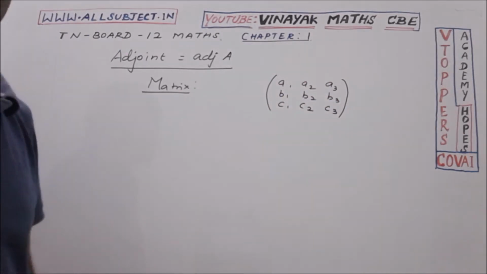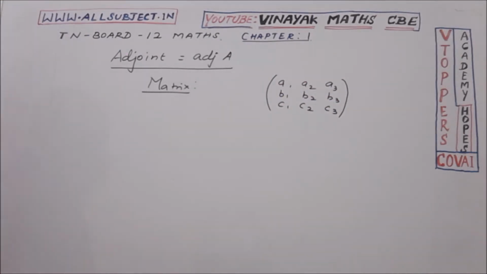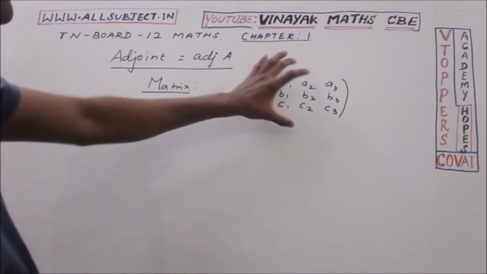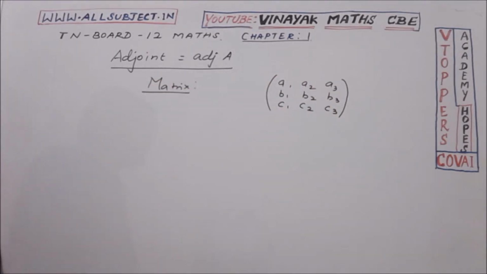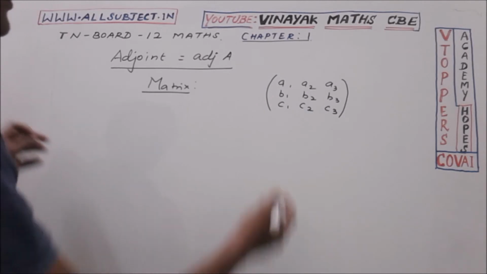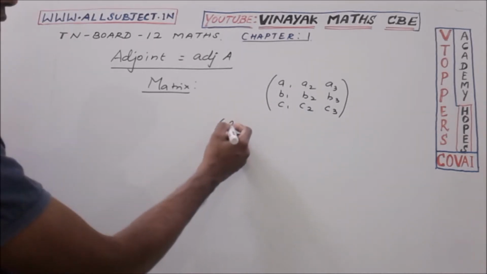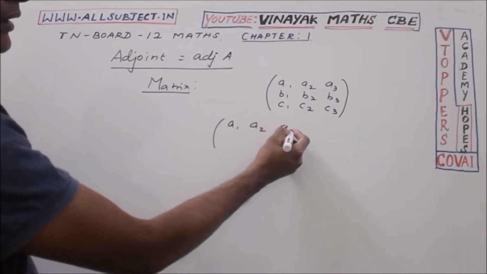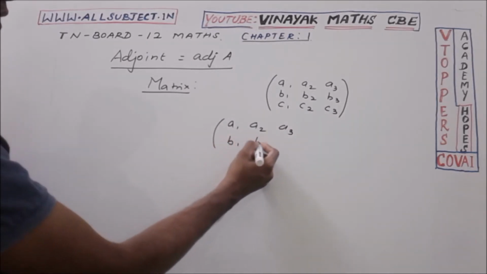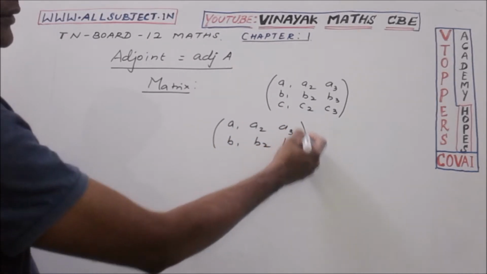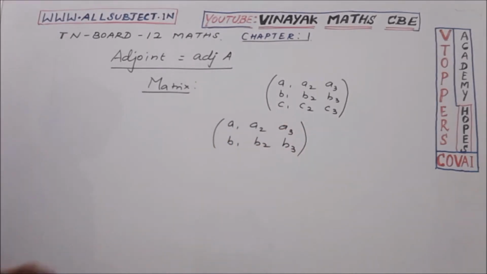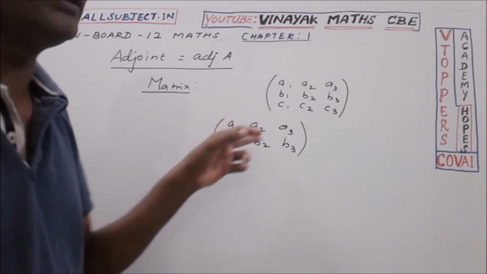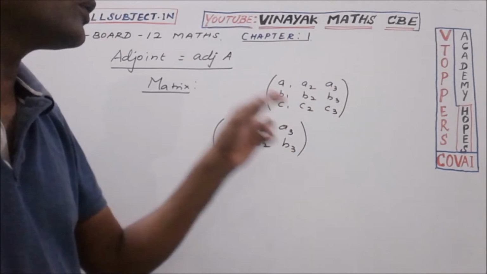Here this is in a square shape. It may be a rectangular form or a square form. If I take only A1, A2, A3 and B1, B2, B3, this is in rectangular form.